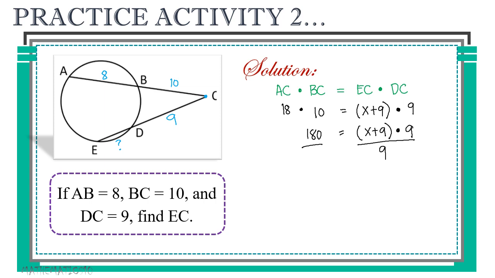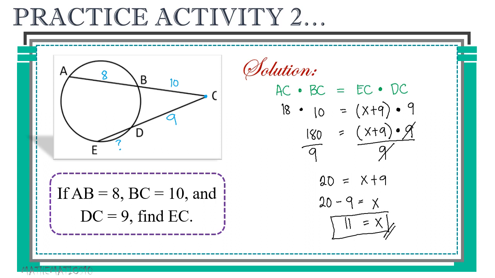So I would divide both sides by 9 to isolate x plus 9. 180 divided by 9 is 20. And now let us combine like terms to isolate the x here. So 20 minus 9, and lastly, we would have x equals 11.